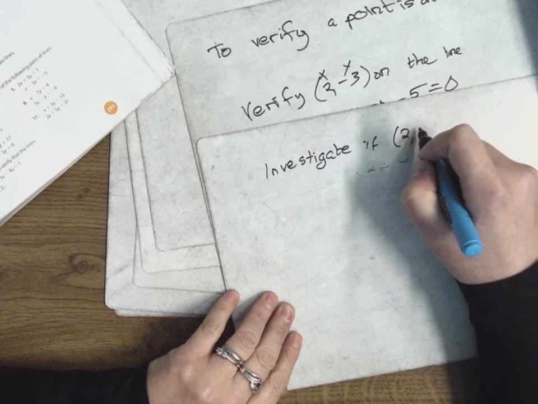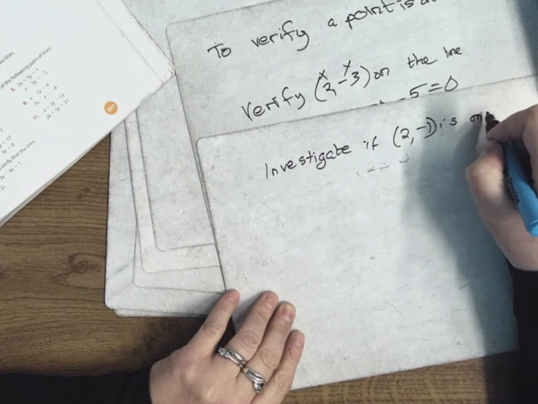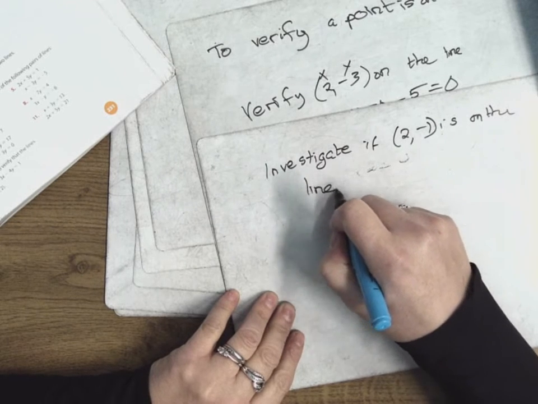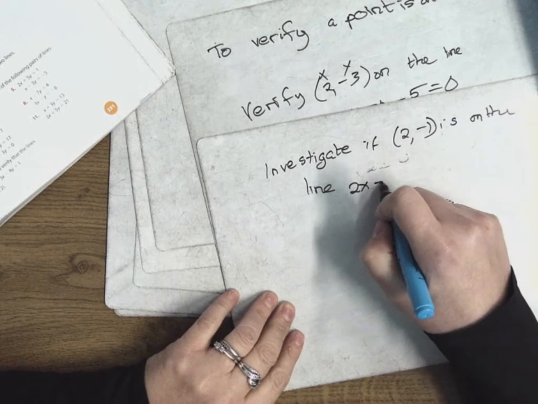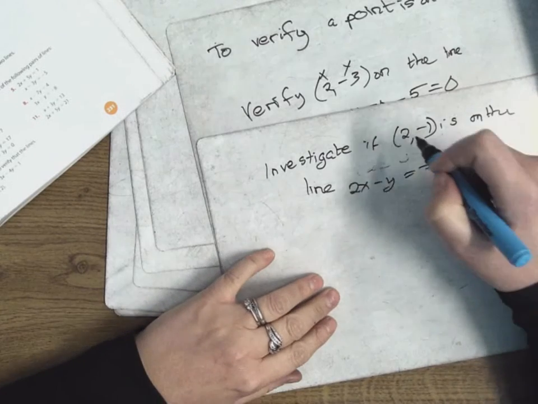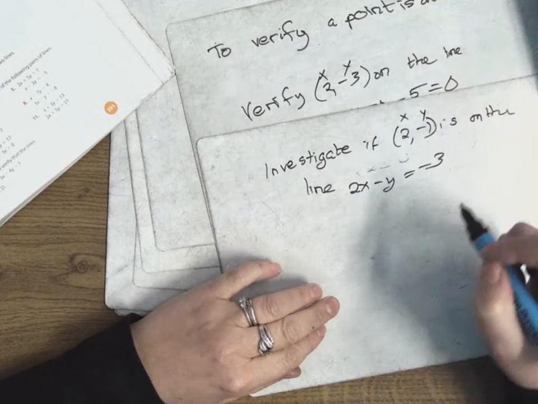So investigate if (2, minus 1) is on the line 2x minus y equals minus 3. Everywhere you see an x, stick in a 2. Everywhere you see a y, stick in a minus 1.